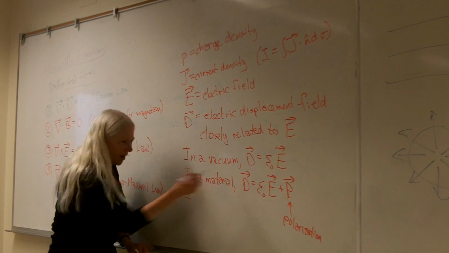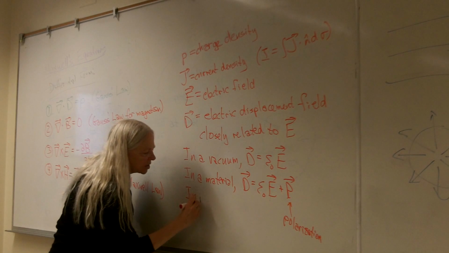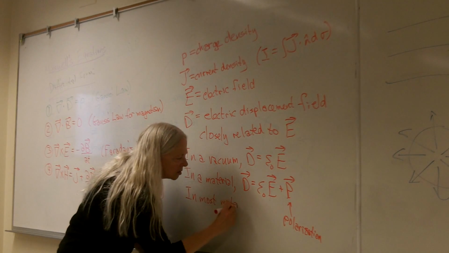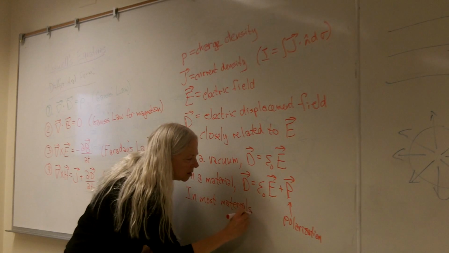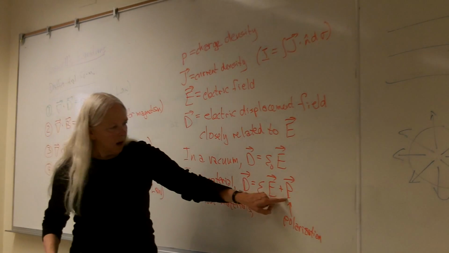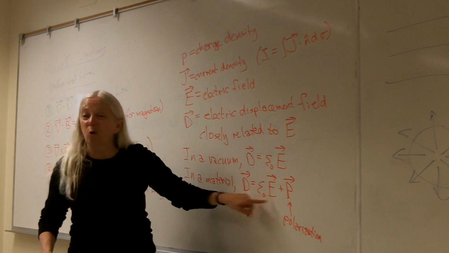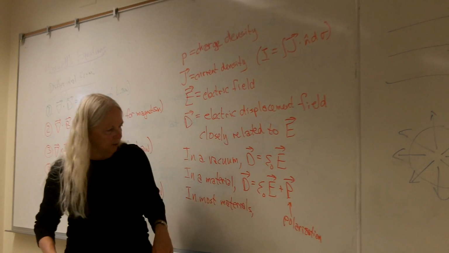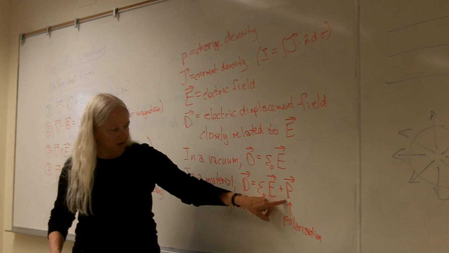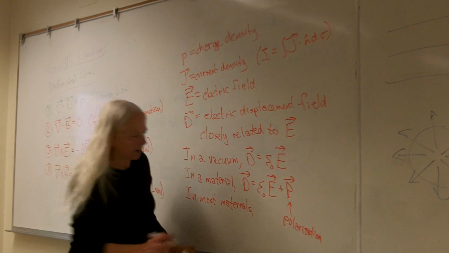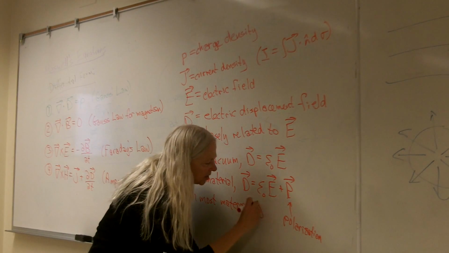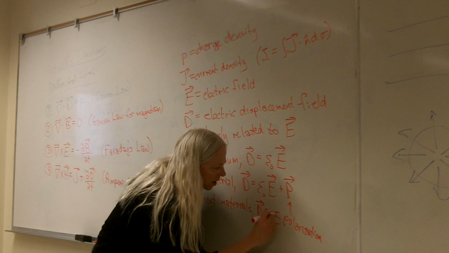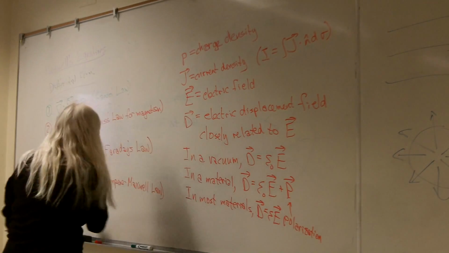I don't want to get into this in detail, but let me just say in most materials, this polarization P is proportional to E, so it could be written as a constant times E, in which case that term and this term could be combined together to give D as being proportional to E, and we'll write the constant of proportionality as epsilon.